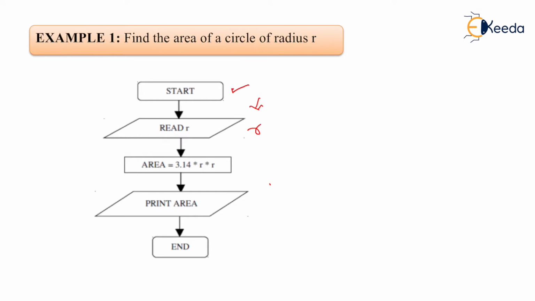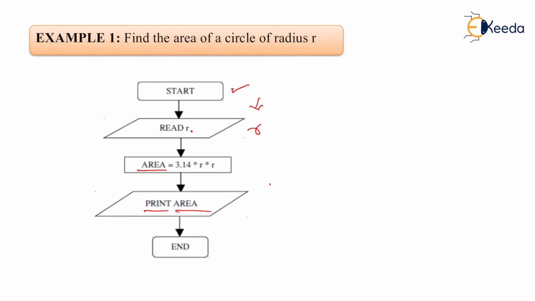The next box is a rectangular box. This box is called the processing box. That means it is going to perform the different processes. So what process is it performing? It is performing the area of circle calculation using the input R and storing that result in area. The next box is an input output box, which is printing that output, that is area.